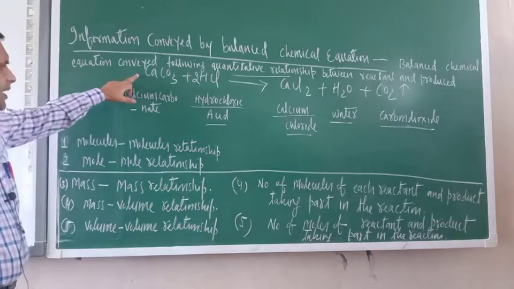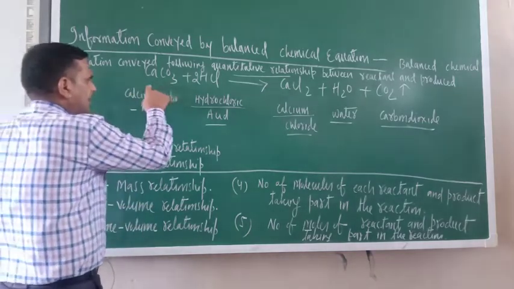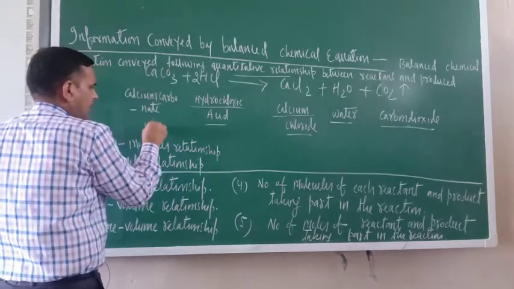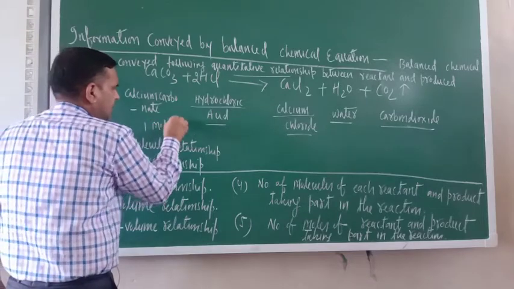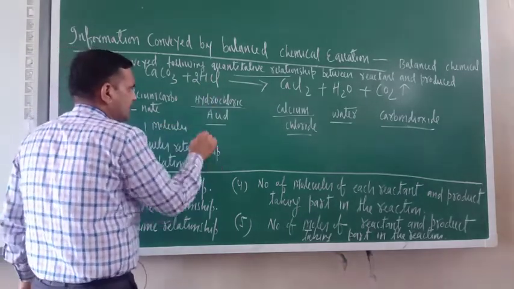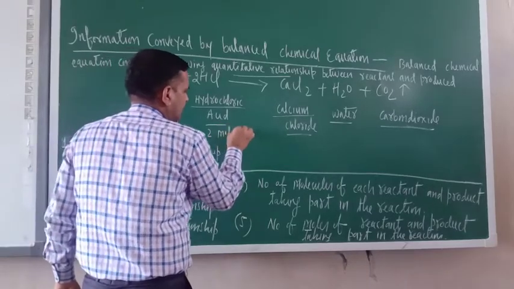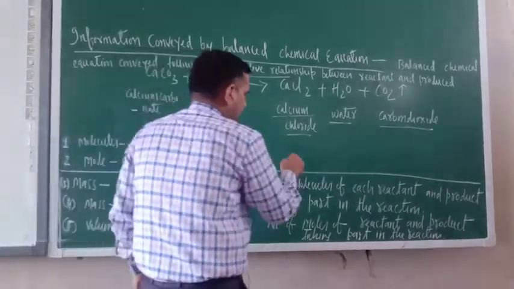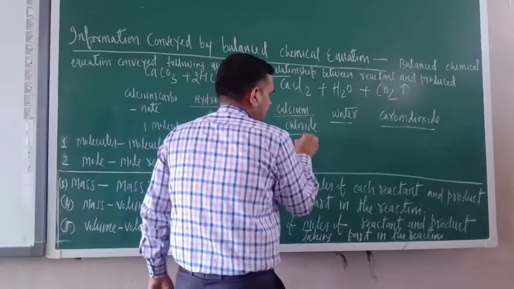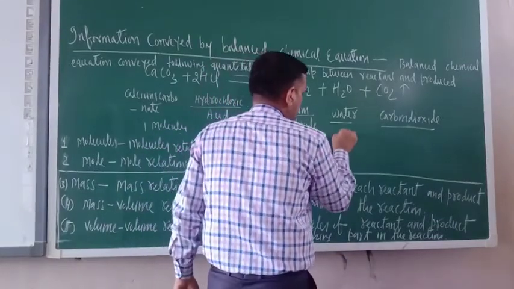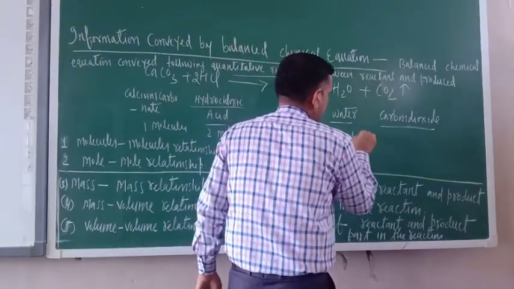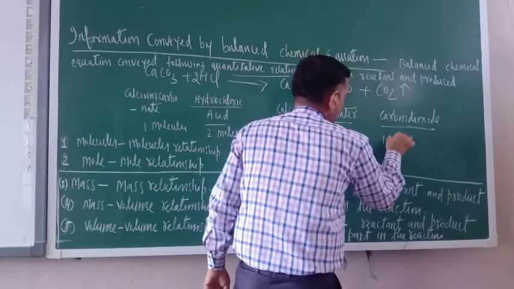How many molecules of calcium carbonate are there? 1 molecule. How many molecules of hydrochloric acid? 2 molecules. And here, 1 molecule. And here also, 1 molecule.